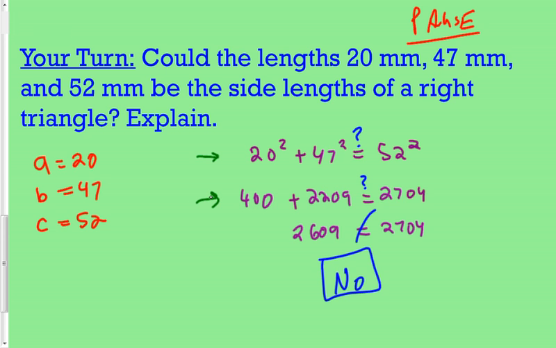Simplifying, we got 400 plus 2209 equals 2704, and they are not equal, so they are not forming a right triangle because they do not meet the converse of the Pythagorean theorem. All right. So that is the second way of using the Pythagorean theorem, or really the third way, just determining if something is a right triangle or not.